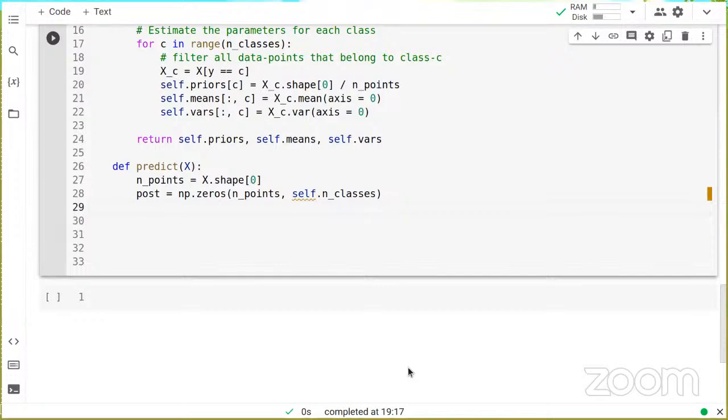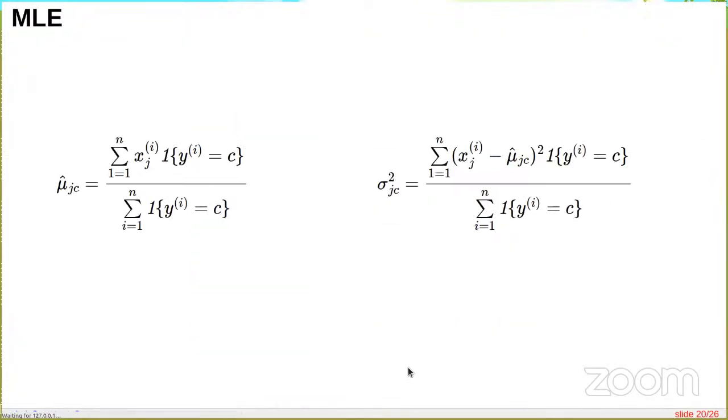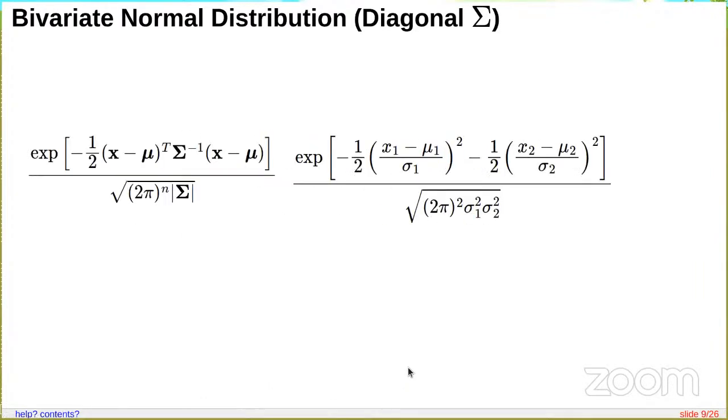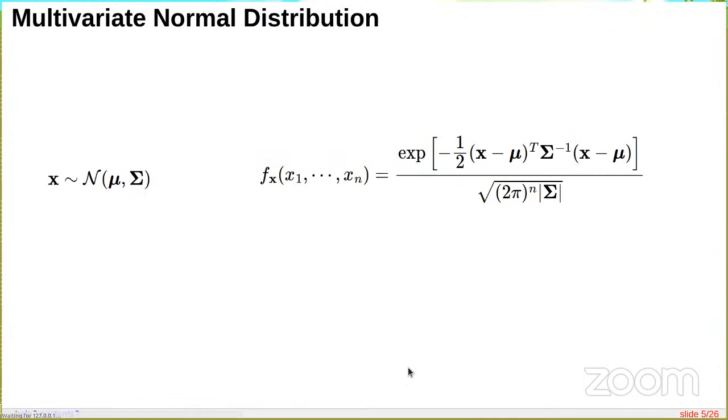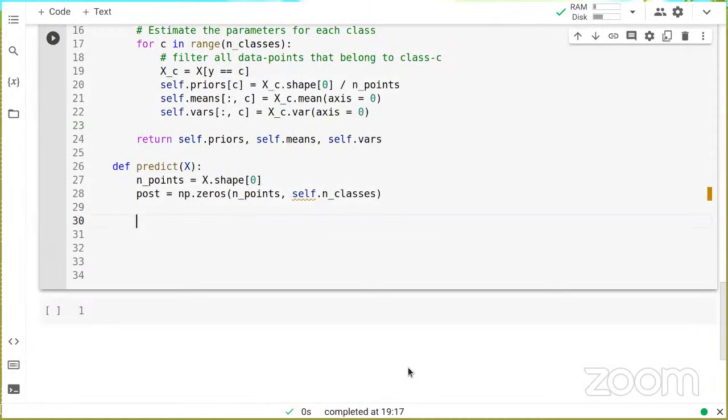So the posterior is now, what will the posterior be? Let's go back to the formula. Okay, we really have to compute this whole thing. Are you interested in computing this, or do you want to see how this is computed, or do you want to skip this?